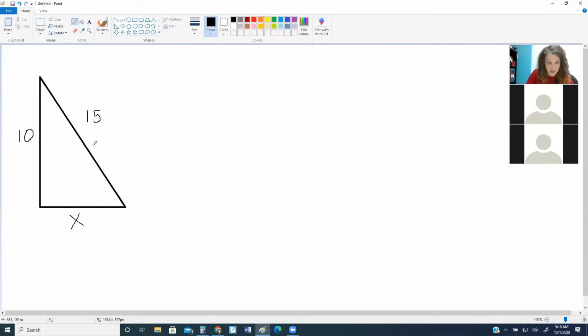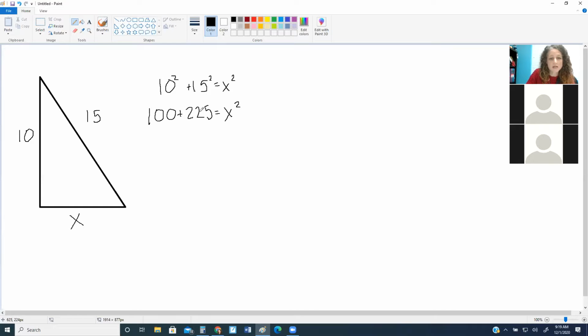Okay. So I've got 10, 15, and X, and I did this all day yesterday. So I am good at it. 10 squared is 100. 15 squared is 225. X squared. I'm so good at this.